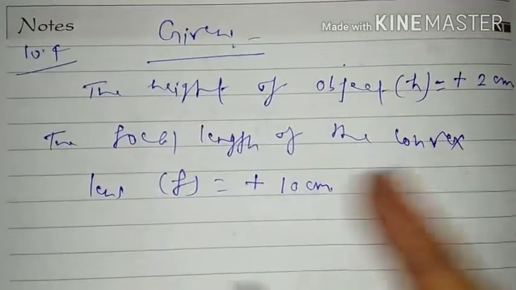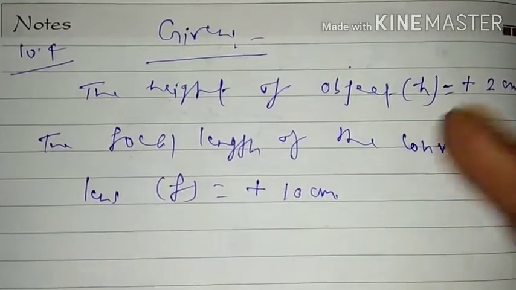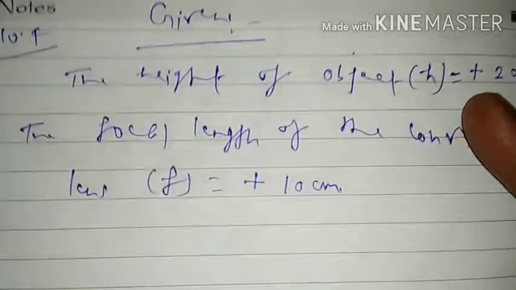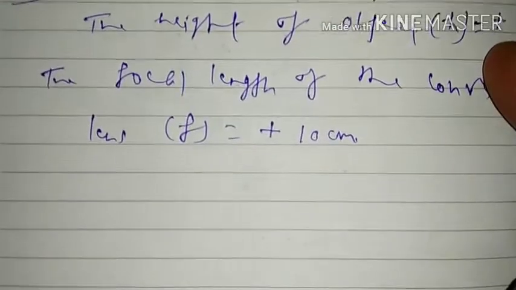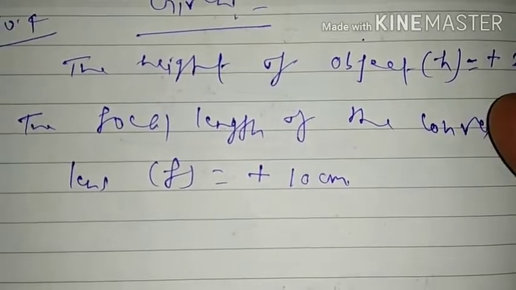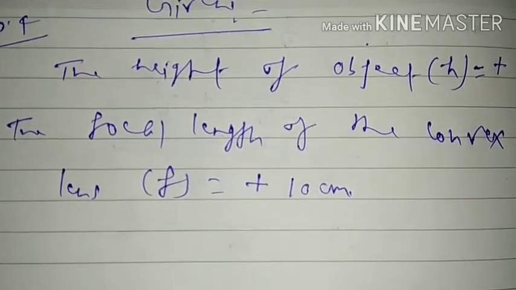This is the use of sign convention. Really, it is concept, it is intelligence, it is knowledge which we shall use according to the concept developed by our sign convention.